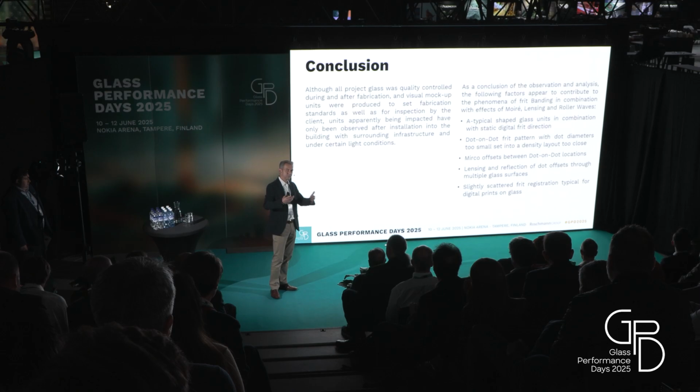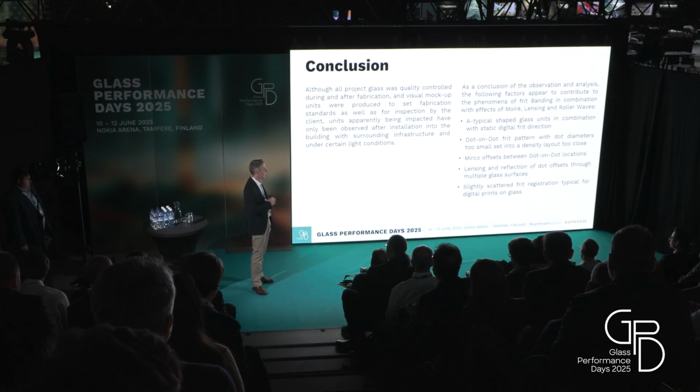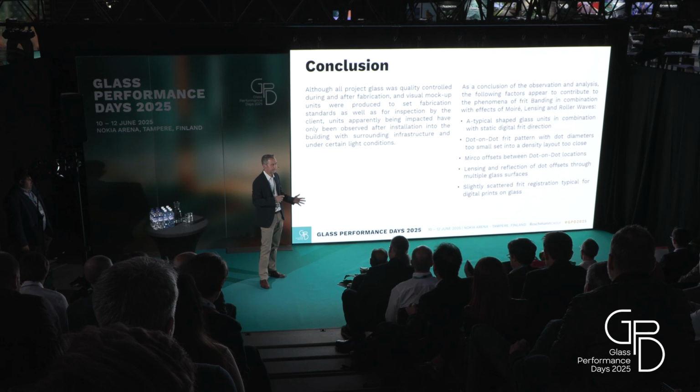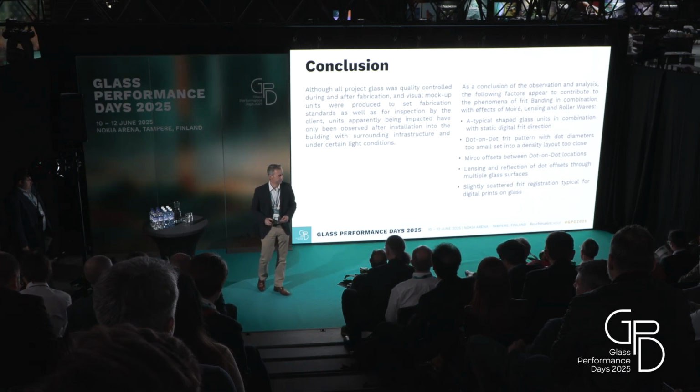And when it comes to digital printing, we have another problem where we have slightly scattered frit registrations around the lines of the dots. So all that combined can create that appearance of an optical distortion.